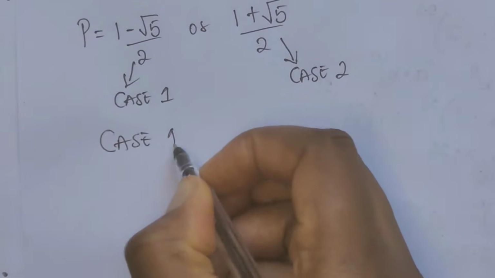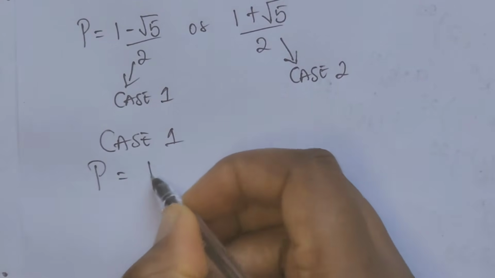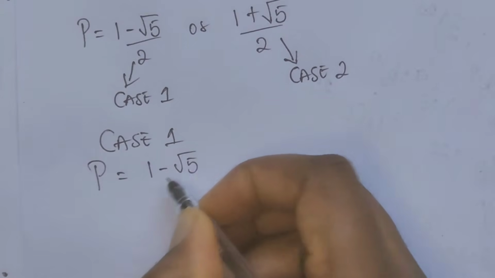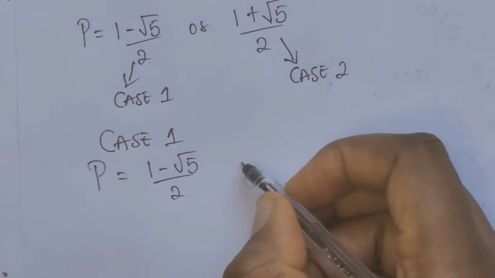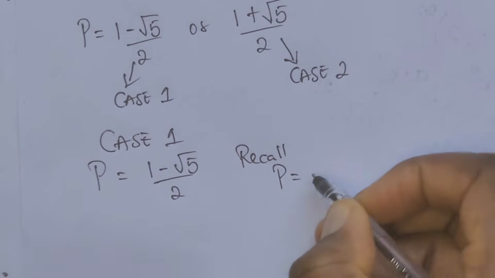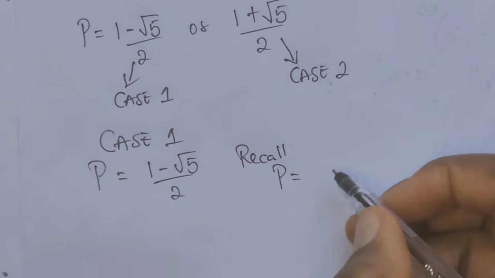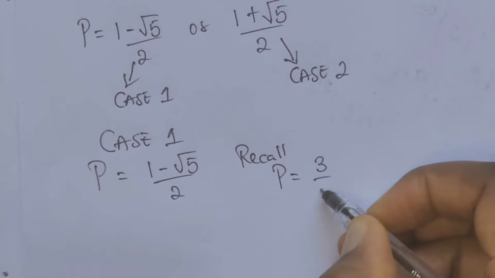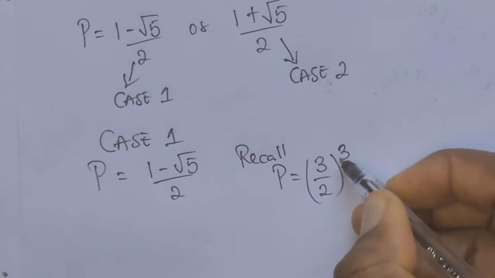So for case 1, p is equal to (1 minus root 5) over 2. And let's recall that our p is equal to (3 over 2) all to the power of x.